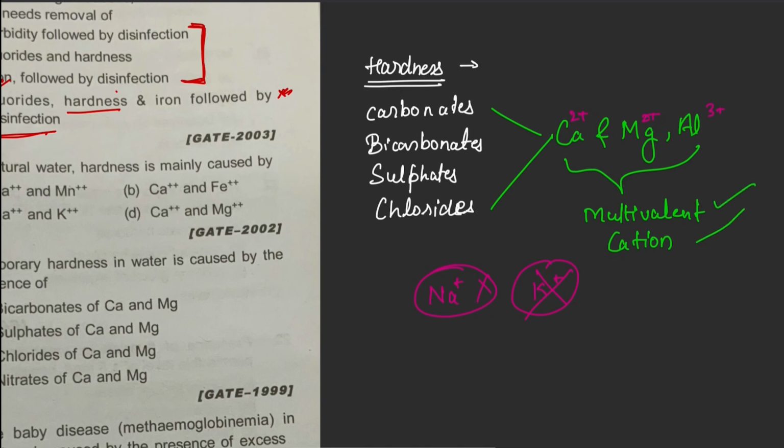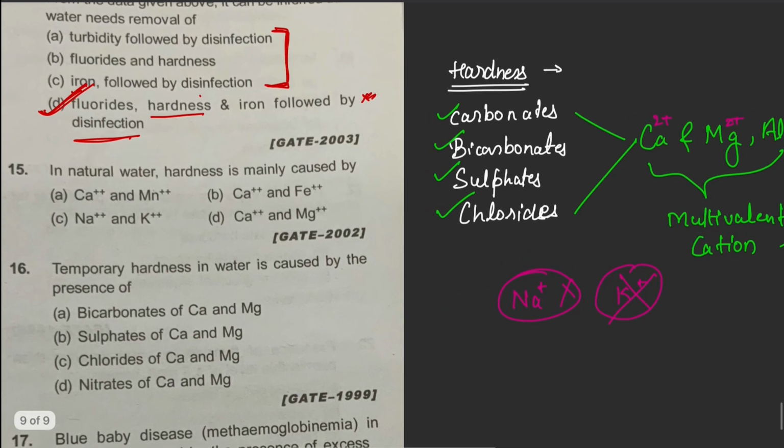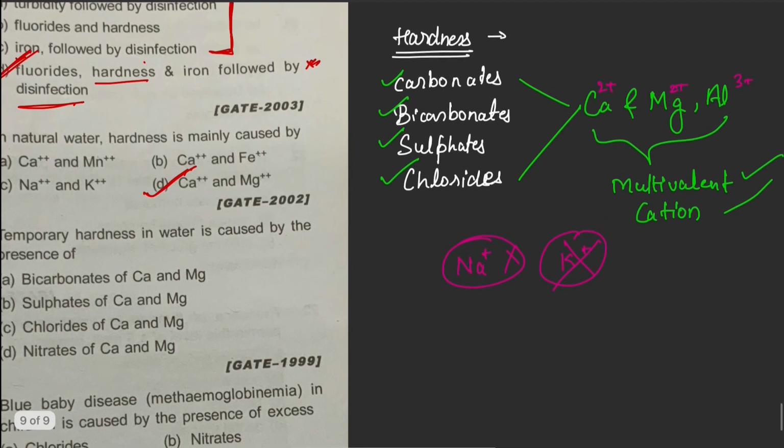And also they are carbonates, bicarbonates, sulfates and chlorides only. And so in natural water hardness is mainly caused by calcium and magnesium. Mainly means generally it is caused by calcium and magnesium. So option number D.